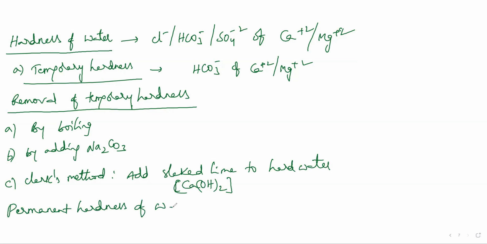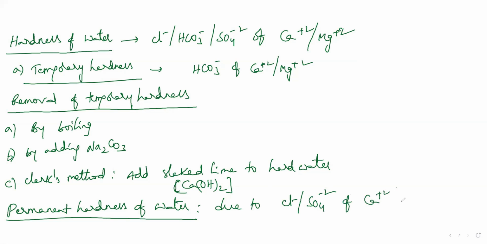Permanent hardness of water. So what is permanent hardness of water? It is due to chlorides and sulfates of calcium and magnesium salts. Right? So this is about permanent hardness. Then how can we remove it? Removal of permanent hardness.